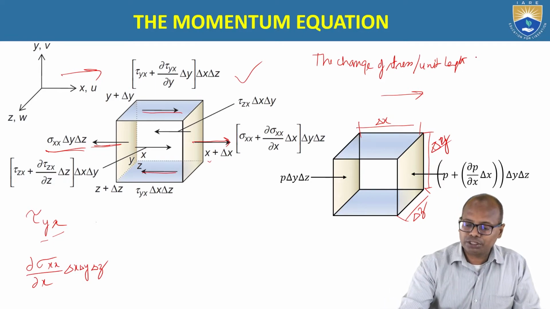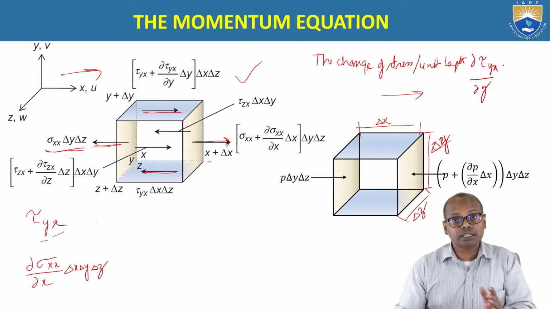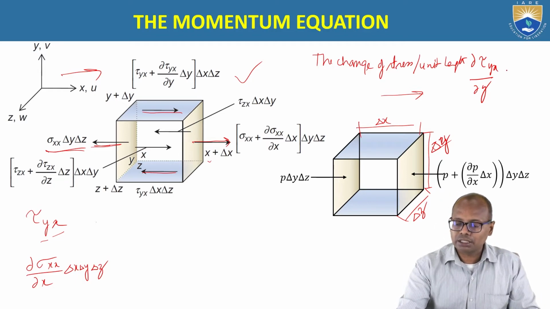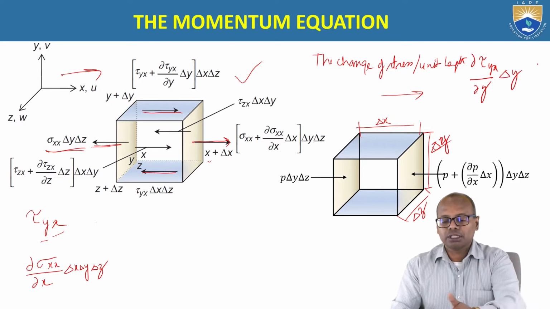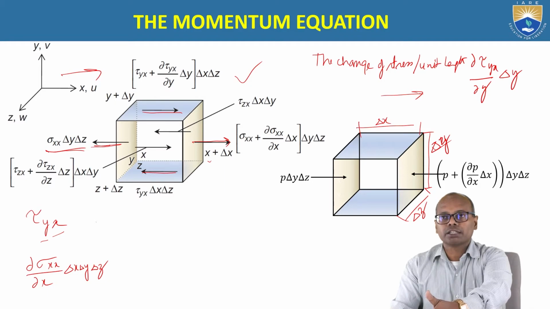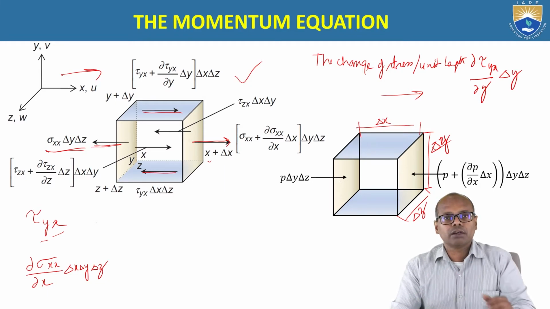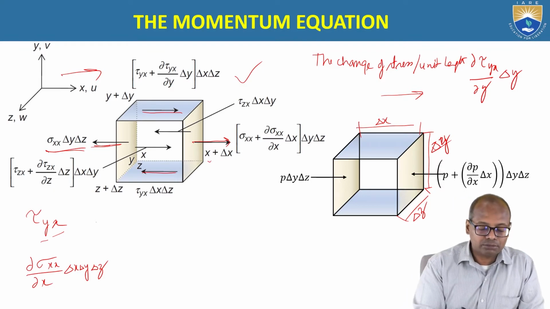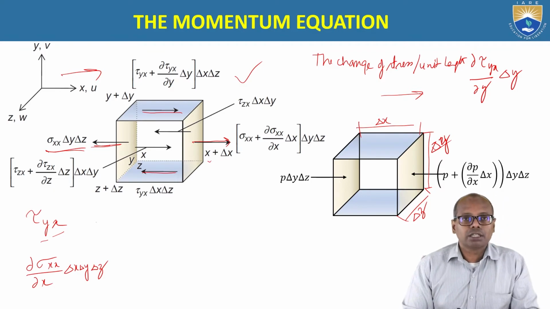Change of stress per unit length is dou tau yx by dou y, because it is changing in y direction. Now what is the net change? What is the height of the element? The height of the element is this one. This is delta y. So the net change is dou tau yx by dou y into delta y. Now we'll see what is the force that is caused by this stress.